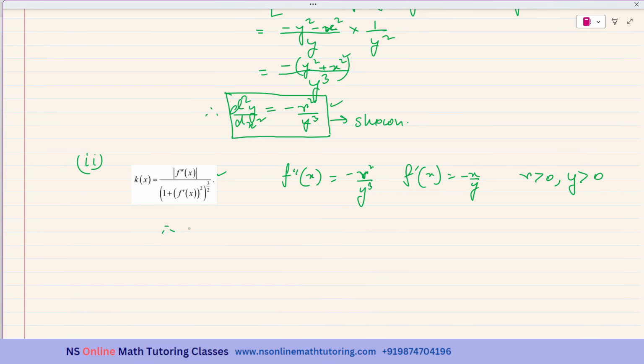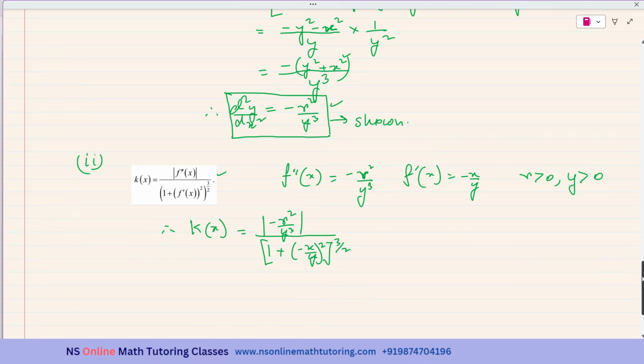So therefore, k of x is equal to the absolute value of minus r square over y cube, divided by 1 plus minus x over y whole square, and raised to the power of 3 over 2.